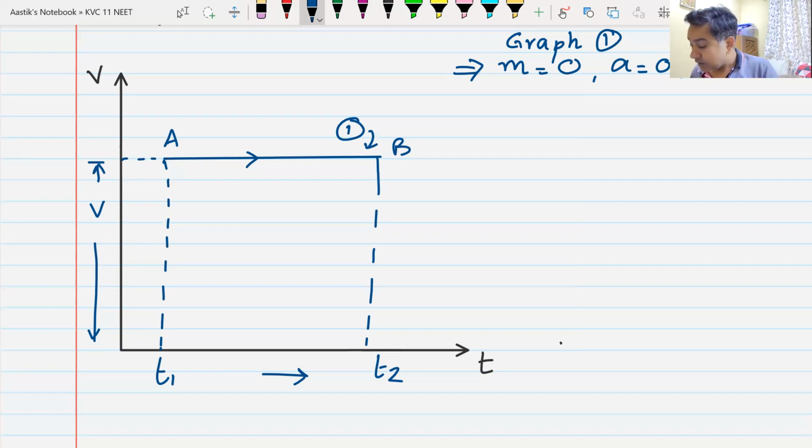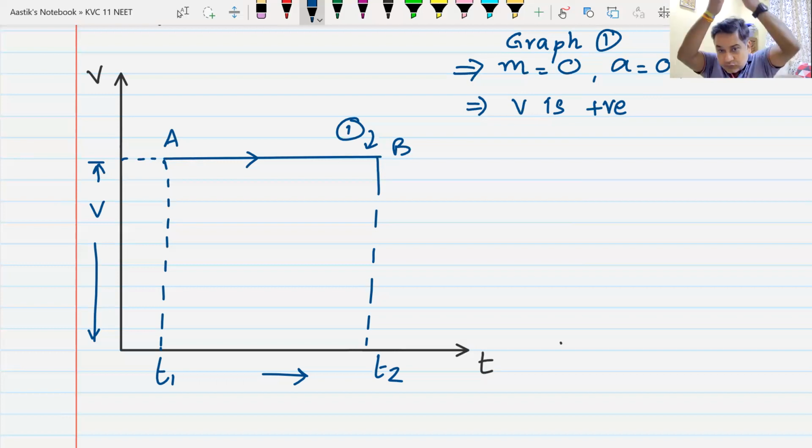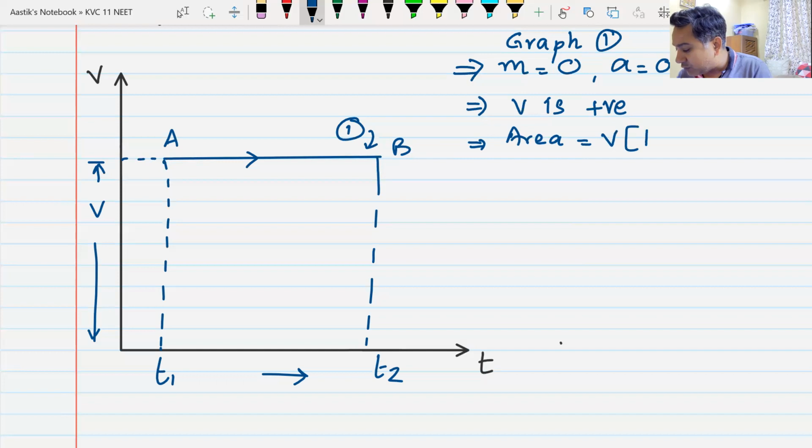The graph is on the positive side, so velocity is positive everywhere. Graph is upwards of the t-axis, so velocity is positive. The area of this graph, looking at the length and the breadth, will be v into (t2 minus t1).